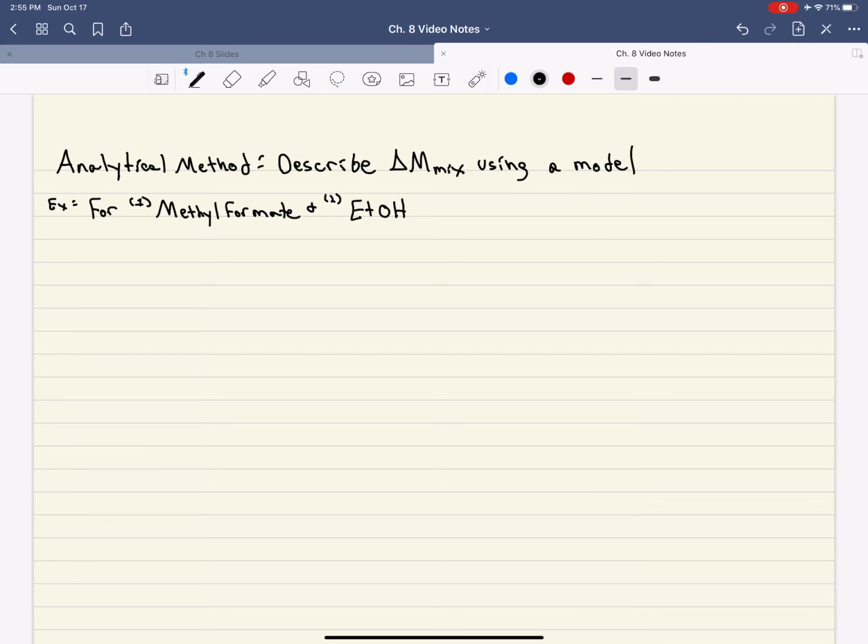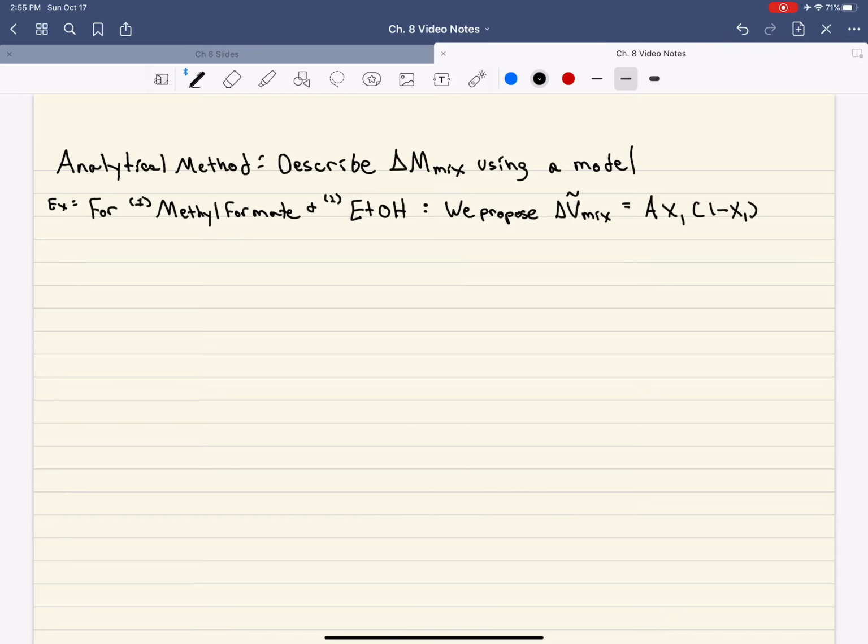And let's say we're going to propose that our molar delta V mix is going to be equal to A x1 times 1 minus x1.